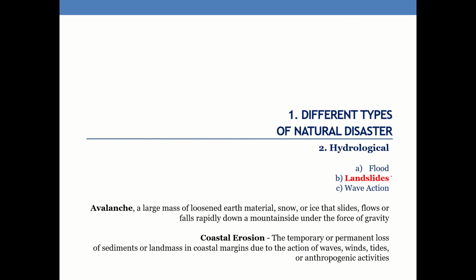The second type under hydrological disaster is landslides. Landslides can occur at higher altitudes. It can be in terms of snow, or in terms of rocks and earth, and so forth. And within landslide, coastal erosion is also categorized.